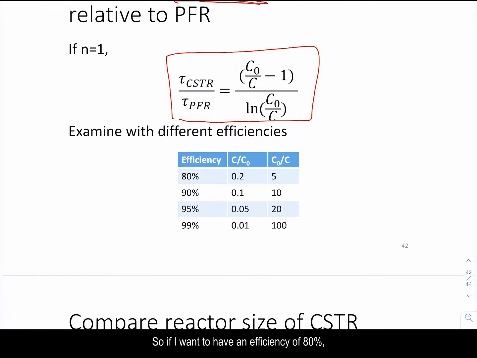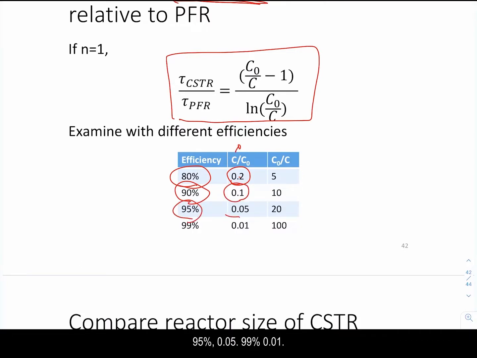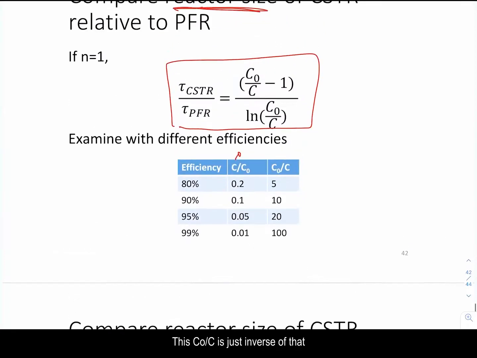So if I want to have an efficiency of 80%, that means I want to remove 80% of the concentration. So at the end of the reactor, I only have 0.2 of the initial concentration, right? And at 90%, it's going to be 0.1, 95% 0.05, 99% 0.01, and so on, right? This C naught over C is just the inverse of that.